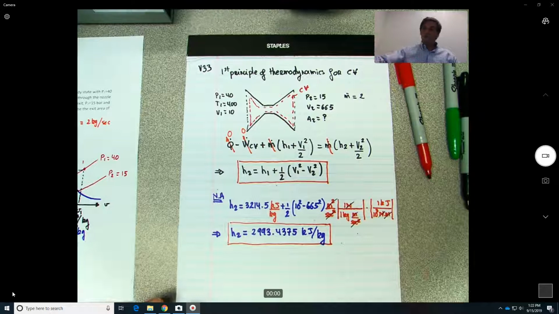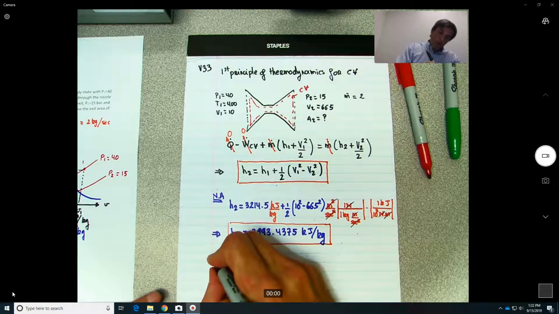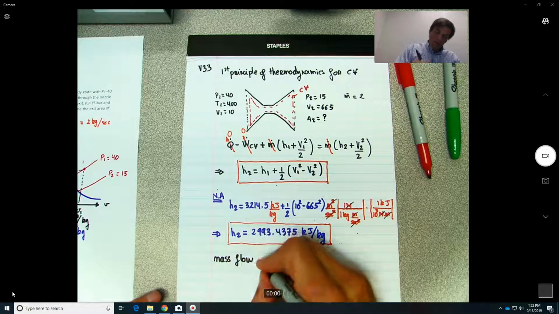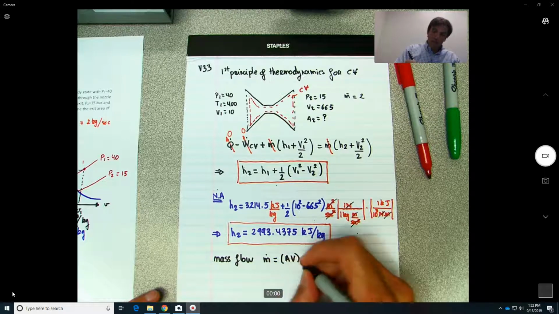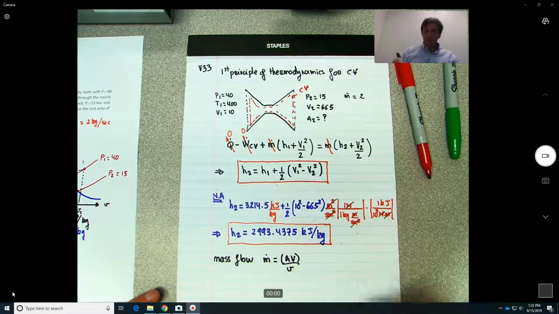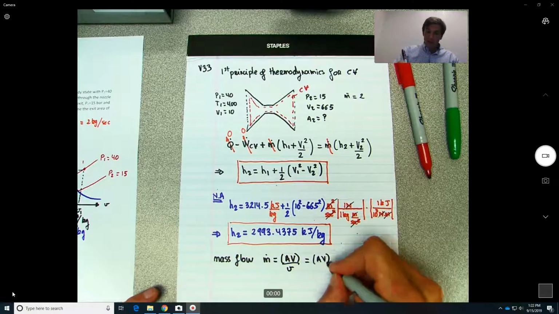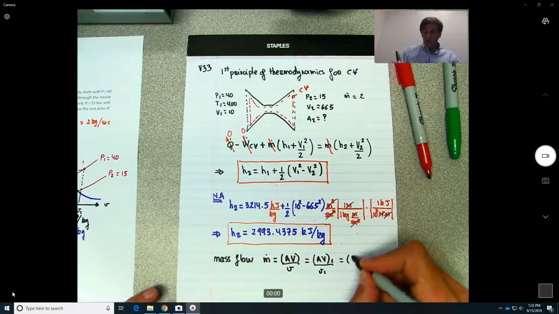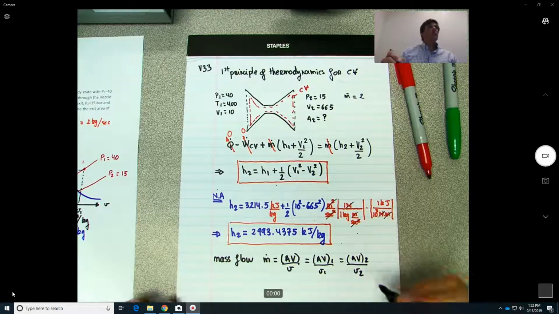All right, so why is this important? Because now we know that the mass flow m is equal to the volumetric flow rate divided by the specific volume. So this is really equal to A V1 at the inlet divided by v1, equal to A V2 divided by specific volume 2.